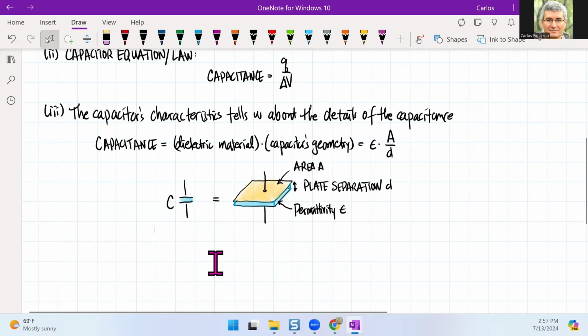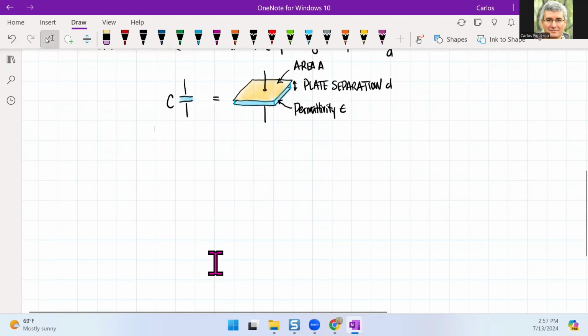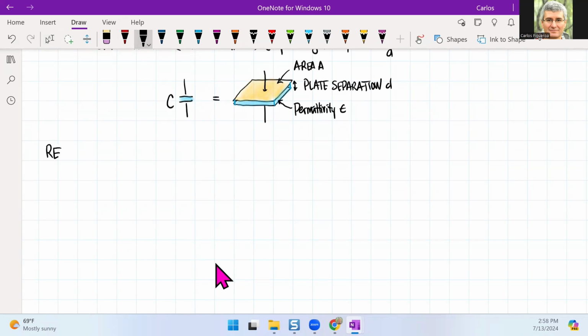Now we do the exact same thing. I played the same game that I just did, but now we're talking about resistors. So resistors are described in a similar manner. So it has all of the same types of things.